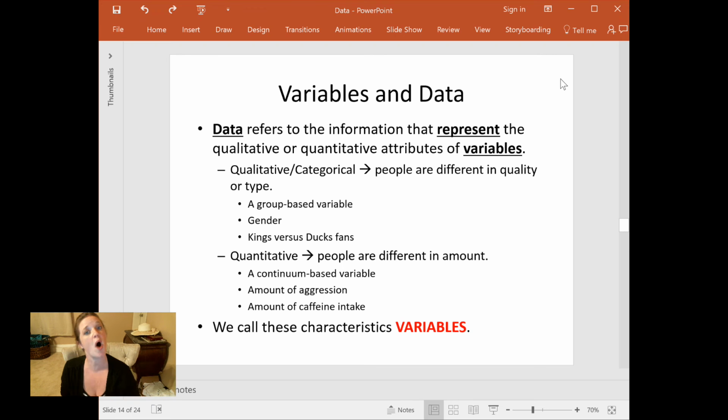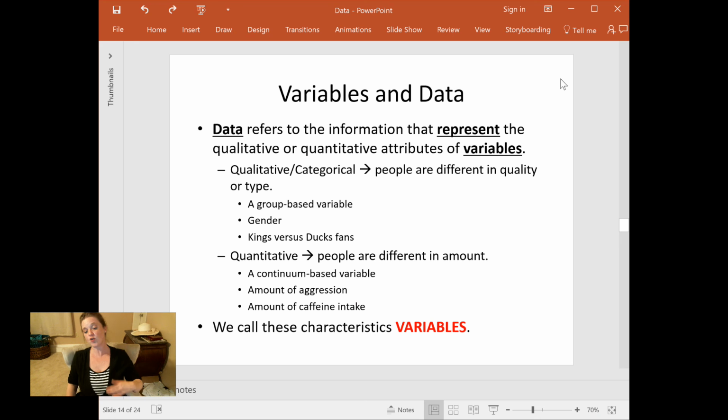Sometimes you have qualitative or categorical information about people. This is the kind of variable or question that will give you data that is a word, a quality or a category that somebody is falling into. I like to think of these as group-based variables that give you group-based data.